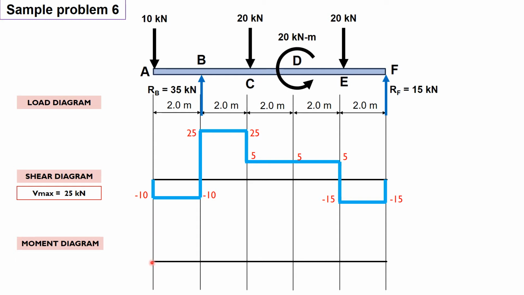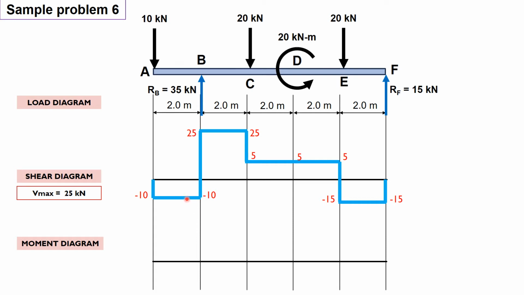Kapag ang ginamit mong distance ay from 0 to 2, then you are getting the moment here. But then again, if you start here, wala kang moment sa A. Kasi una, walang given na load in the form of a couple, and at the same time, hindi rin naman yan fixed end para magkaroon ng couple or moment. So, 0 ka dito. And then dito, may moment ka dyan. Kung ang area is positive, ang moment ay positive.